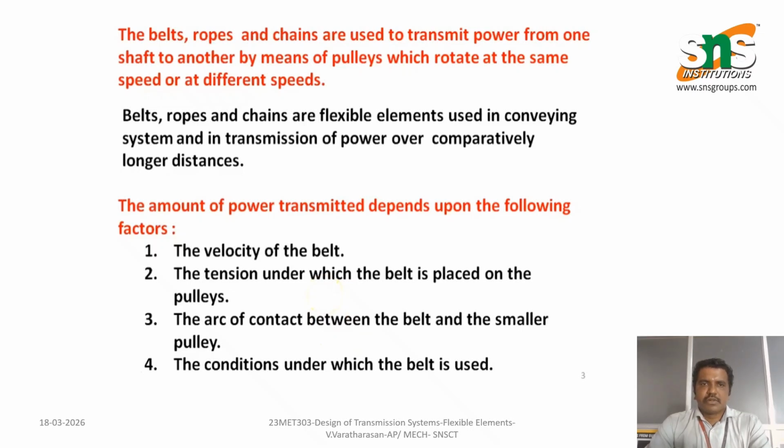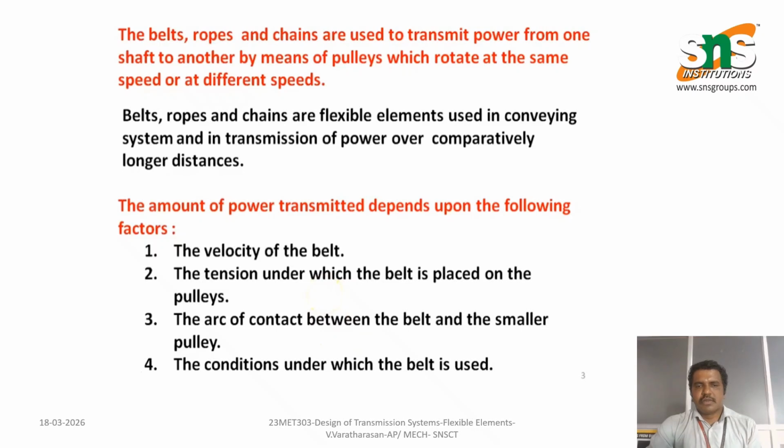Pulleys can be rotated in some direction and at certain speeds, and different speeds can be obtained from one to another. That is why belts, ropes and chains are used to transmit power. These are called flexible elements, used for conveying power over comparatively longer distances.